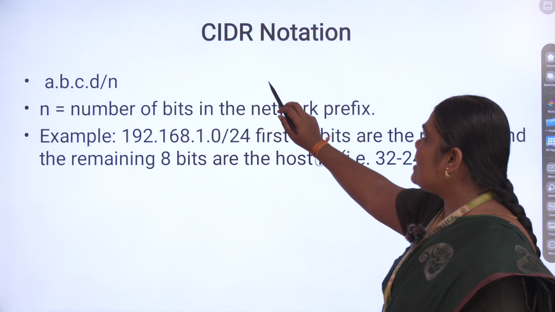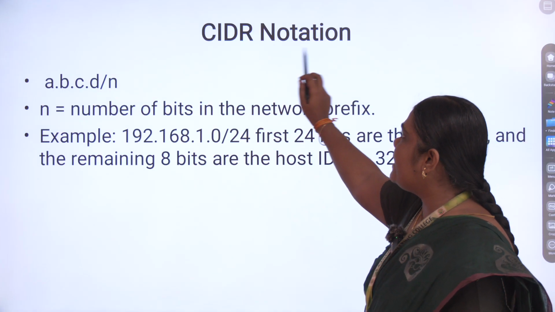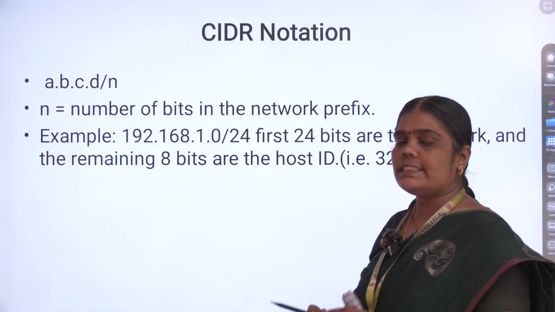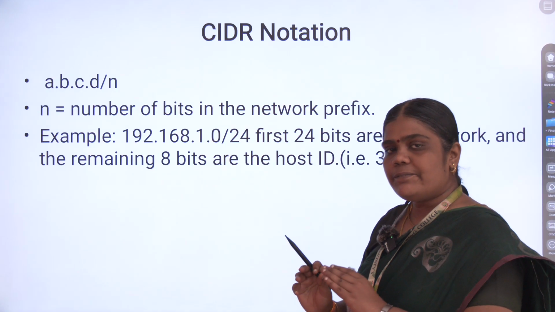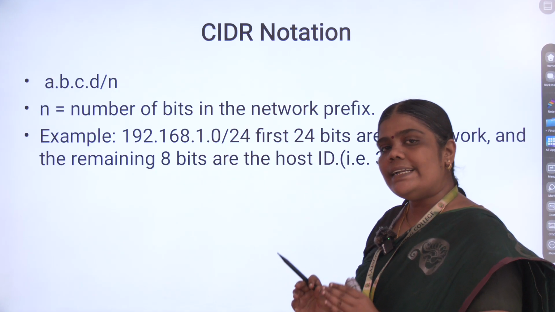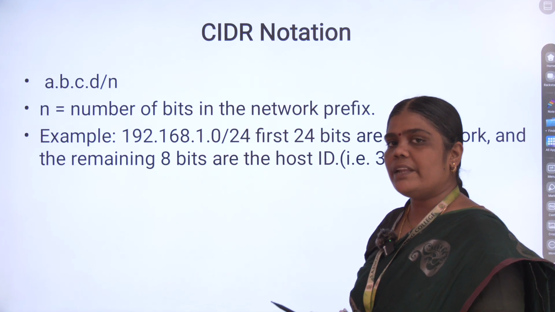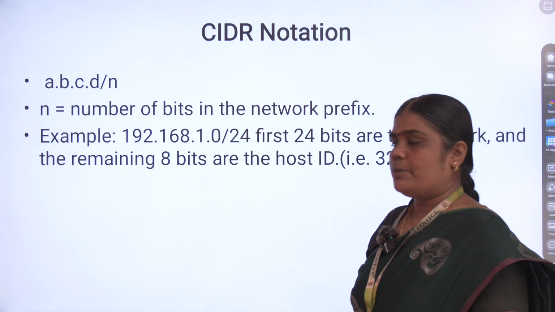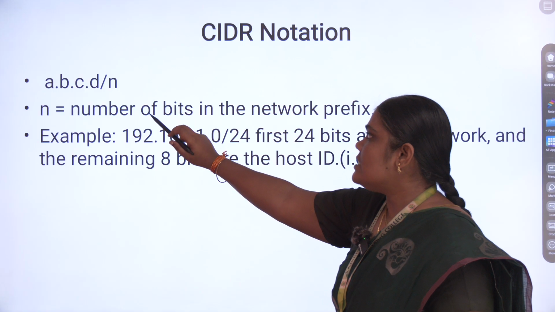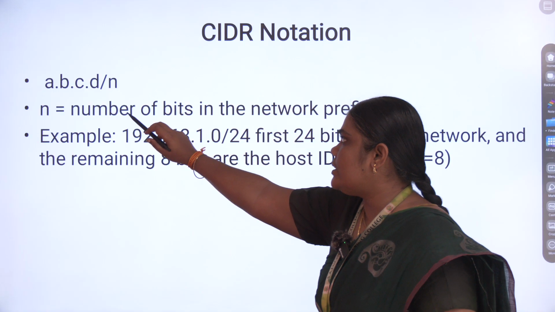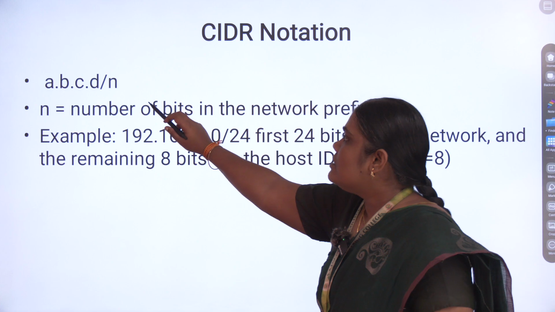So, why does the CIDR notation come here? CIDR notation is nothing but for concealing the network address and revealing it only to the router, or the postman who delivers the information. A.B.C.D, that is 4 8-bit octets, is denoted like this: /n.